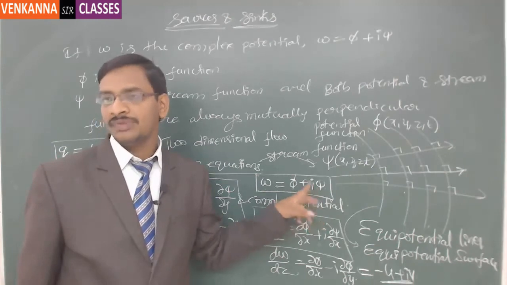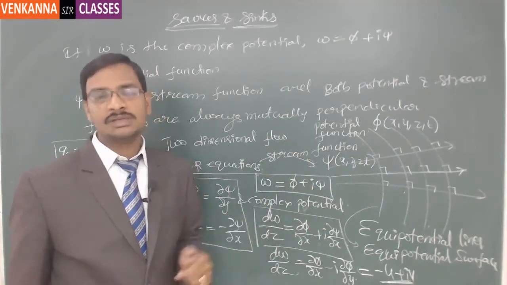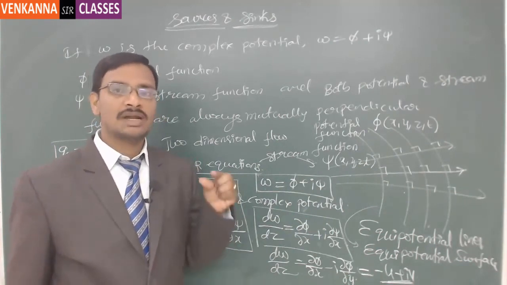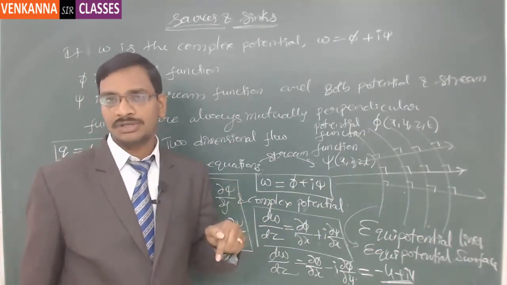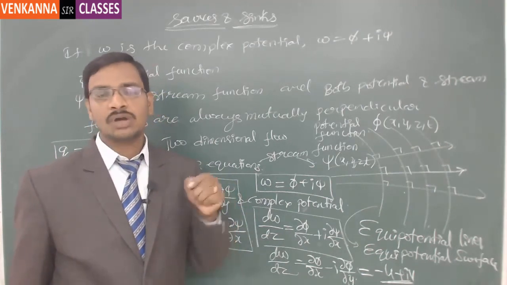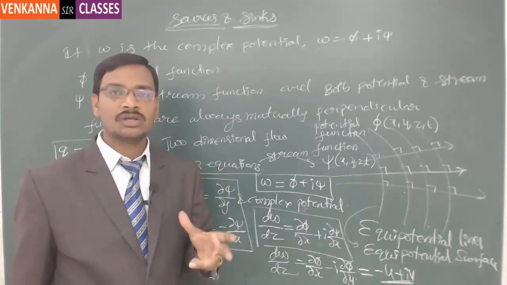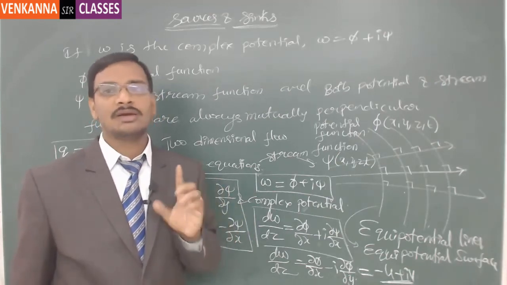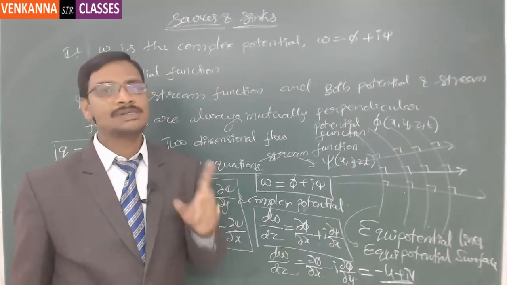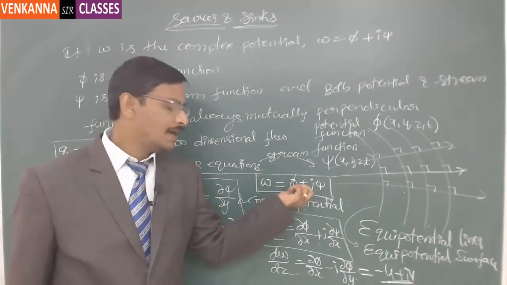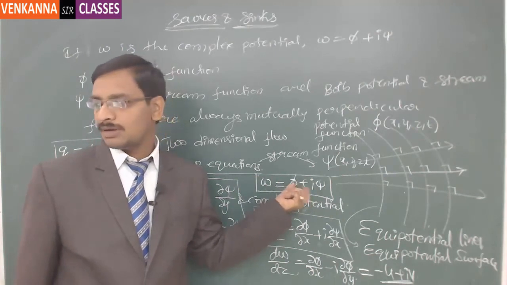That's what is needed. And one step ahead of that, in case of presence of sources and sinks, we will model a source as a complex potential and a sink as a complex potential, and we will add those complex potentials together, all the effects of all the sources and sinks, as a single complex potential. Once you find that single complex potential, from that function you will identify the separate parts, the real part and the imaginary part.